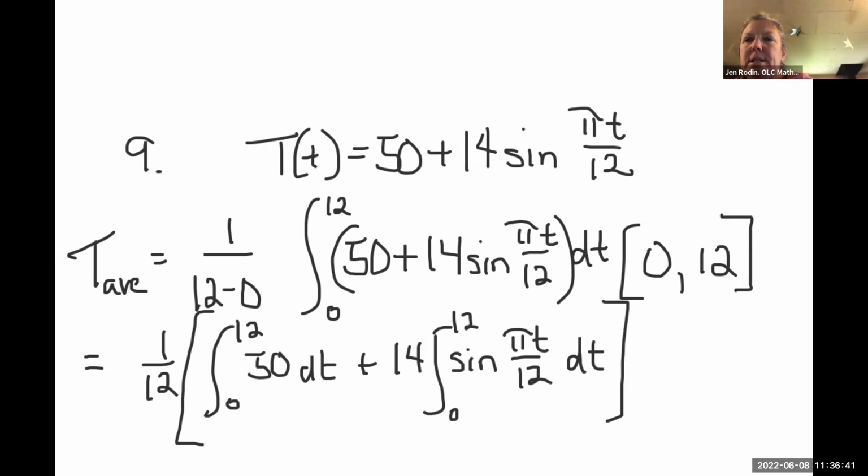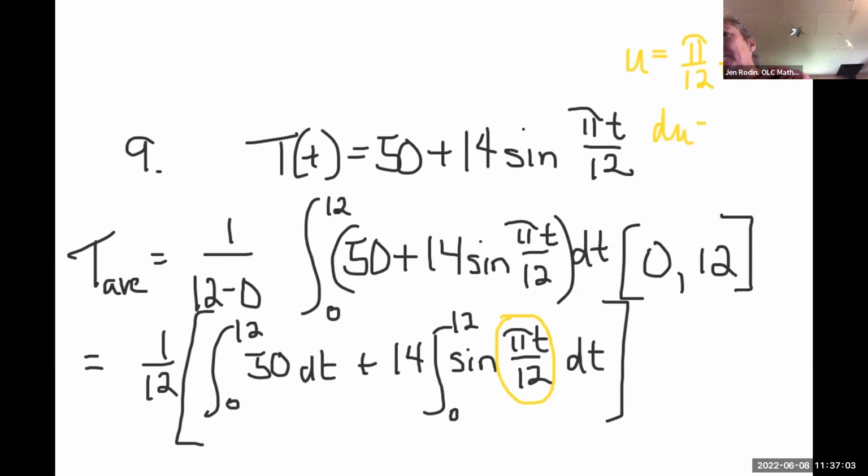Let's see, the u is going to be this business in here, the sine of this, because we can't undo that with an integral. So I'll put it up here. u would be pi over 12 times t. That's the constant part, and there's the variable part.